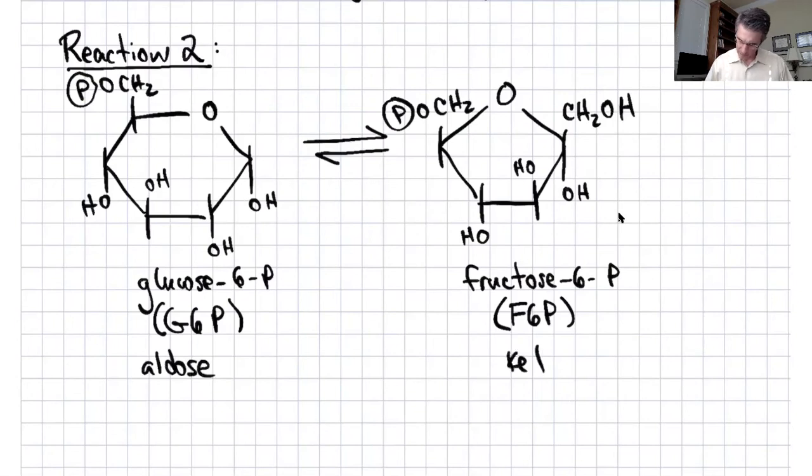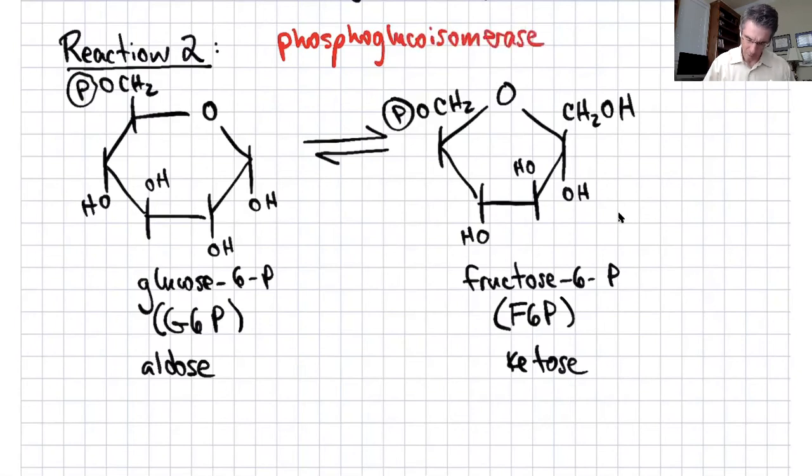into a ketose. And if you remember from earlier in this lecture, the kind of reaction that does that is, of course, a tautomerization. So the enzyme that runs this reaction, known as phosphoglucoisomerase, it's a mouthful, or more simply, PGI, is essentially an aldose-ketose isomerase, or tautomerase, right?